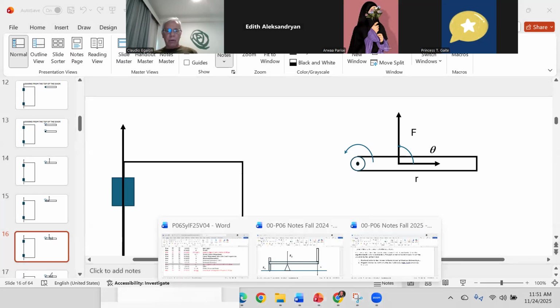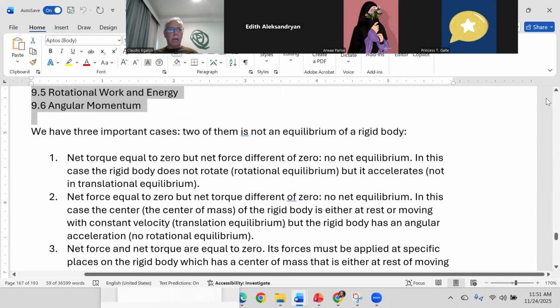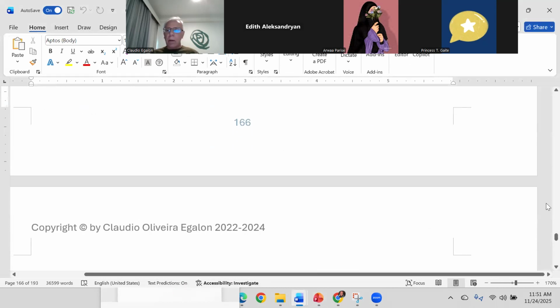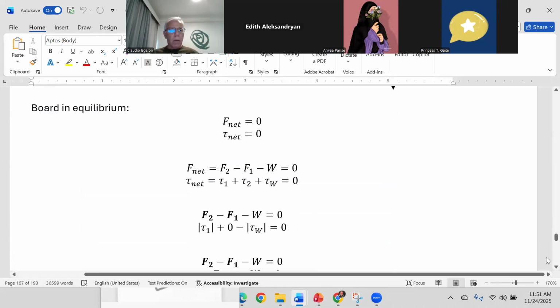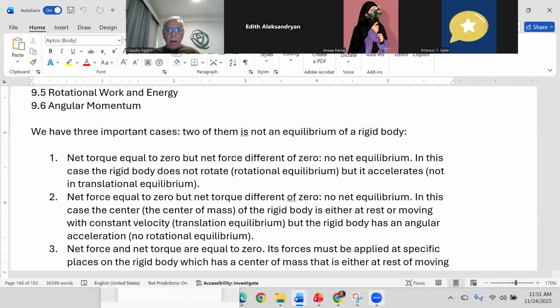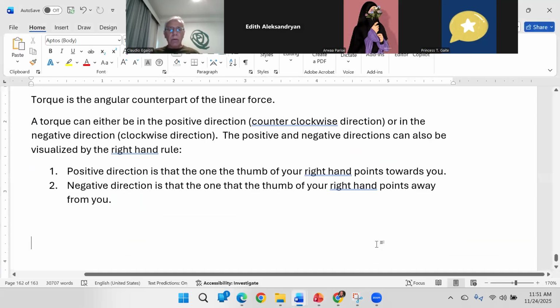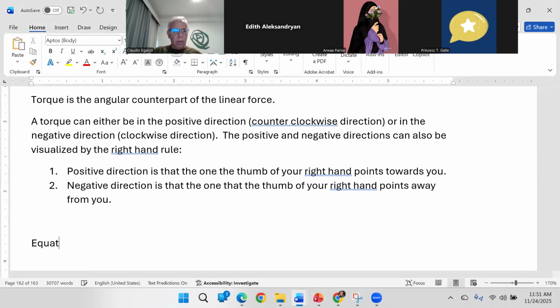I'm going to write that down for you here. The equation for the torque is the following. It is going to be R F sine of theta. Okay?